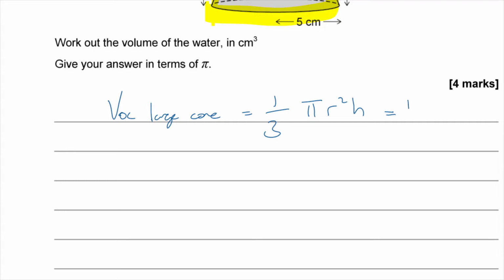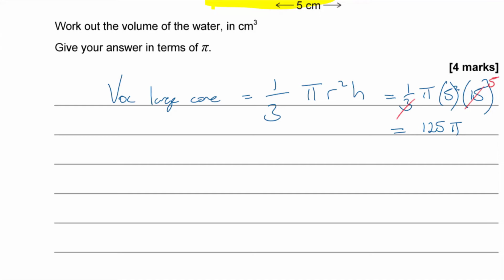So that's going to be 1/3 of pi times 5 squared times 15. Okay, so I can divide the 3 into the 15, that gives 5. And 5 squared is 25, times 5 is 125. So the volume of the large cone is 125 pi.